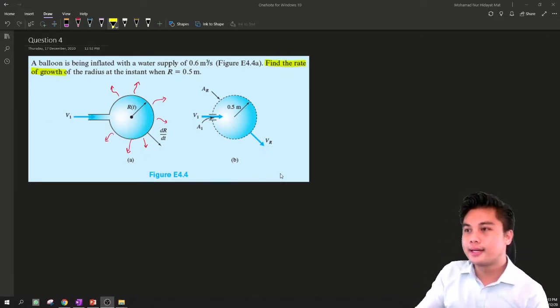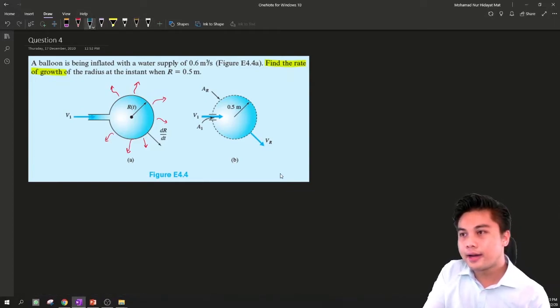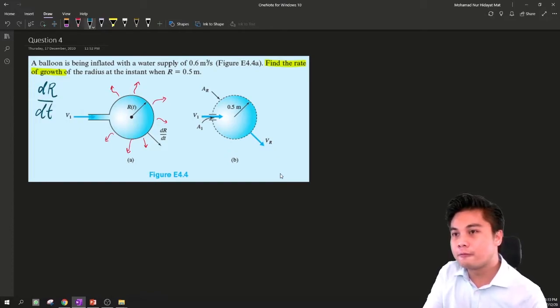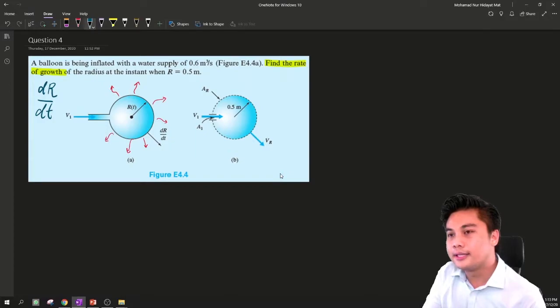So from here, we need to find the rate of growth of radius. So dr over dt. This is the definition of rate of growth for the radius. So the question is we need to find dr over dt.